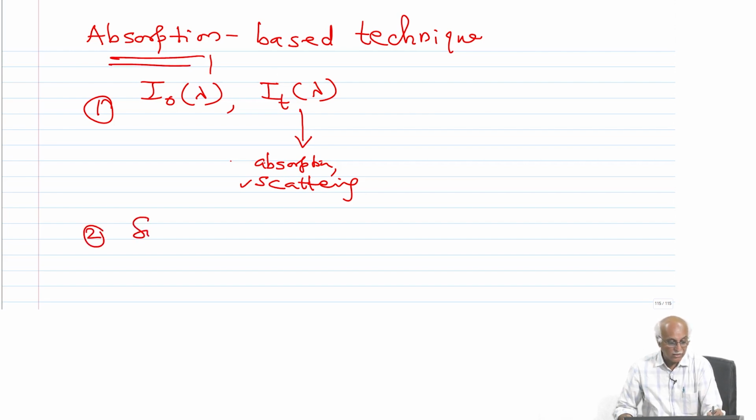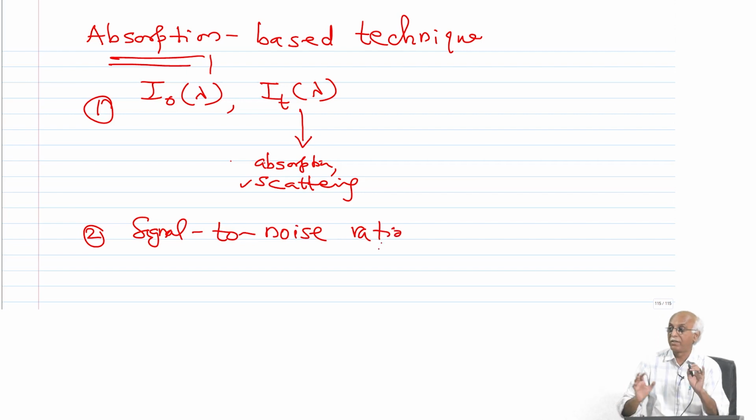Secondly, signal to noise ratio is limited. Why? Because the transmitted intensity in the absence of any molecular absorption is going to be whatever the input intensity is, which is very large.